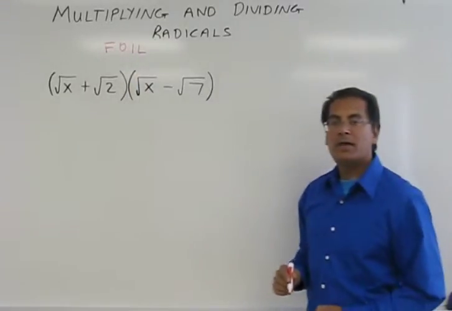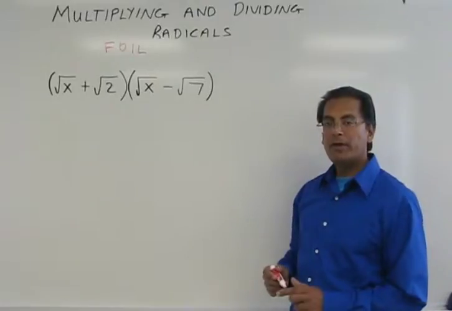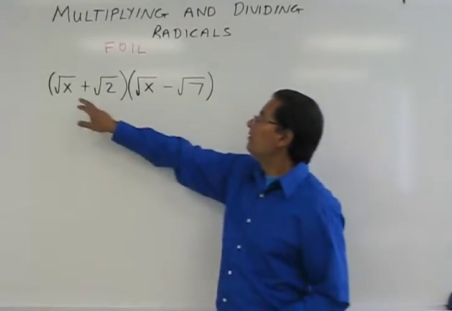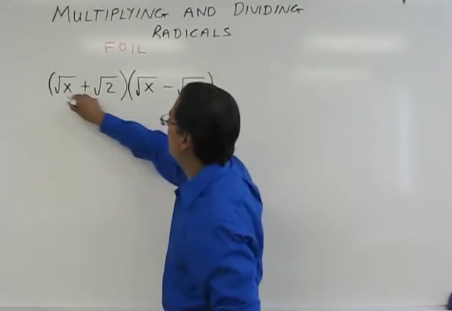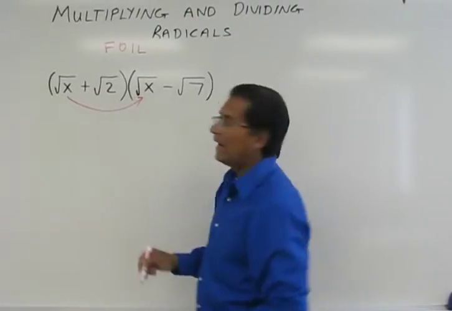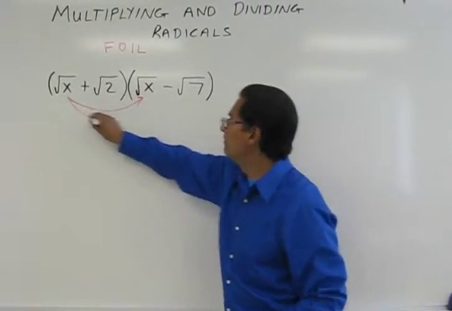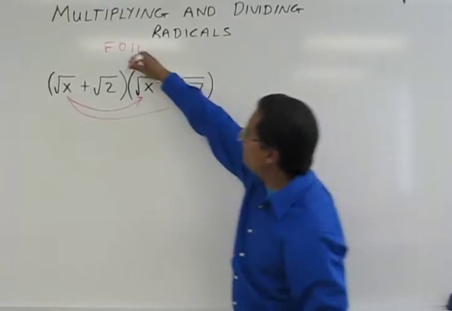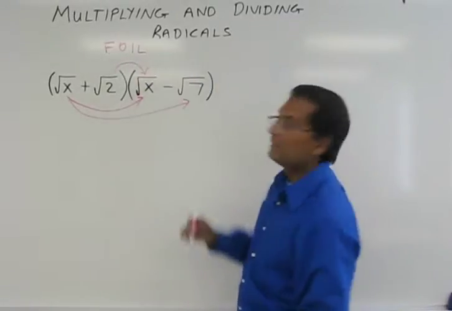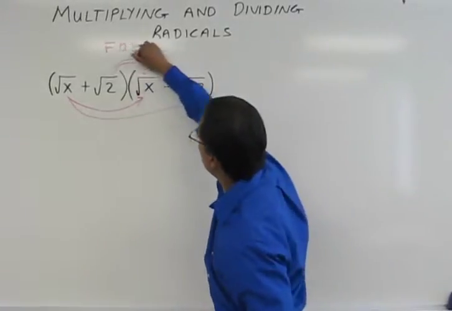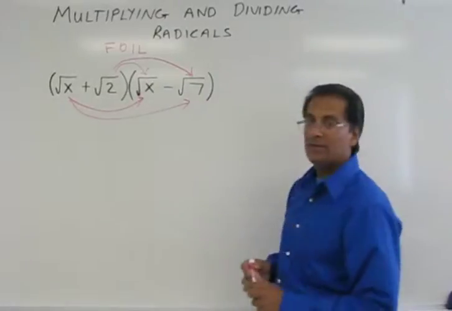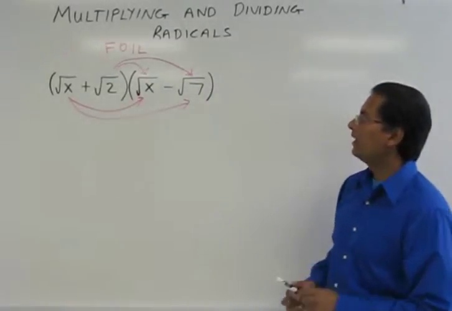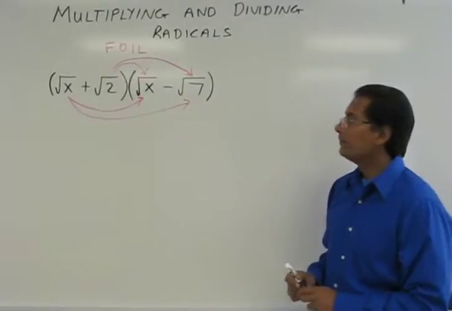Remember that when you're multiplying two binomials, you use FOIL, which is an acronym for first, outer, inner, and last. That's what FOIL stands for. Okay, so let's follow that method.